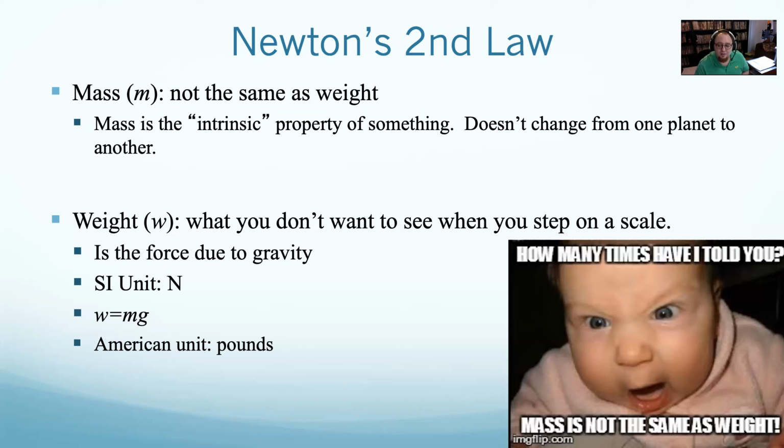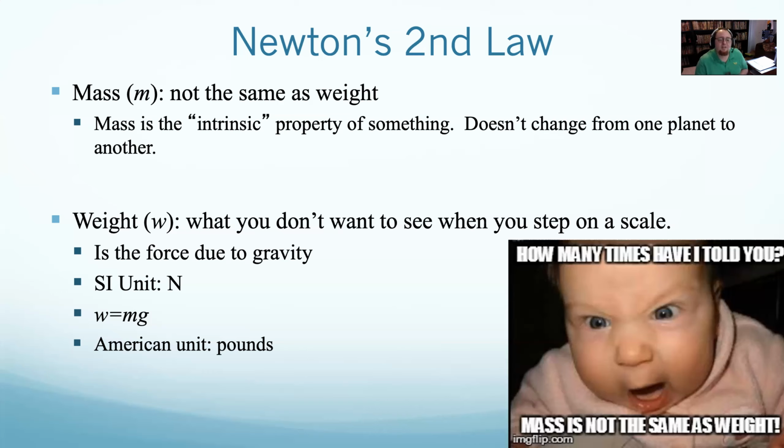As long as humans as a society stay just on Earth, we can use pounds and newtons interchangeably. But if we start having a moon colony, the conversion between pounds and kilograms will be different on the moon colony than it is on Earth, because they intrinsically measure different things.